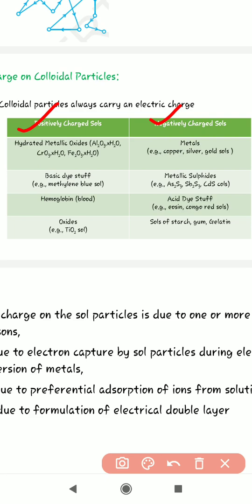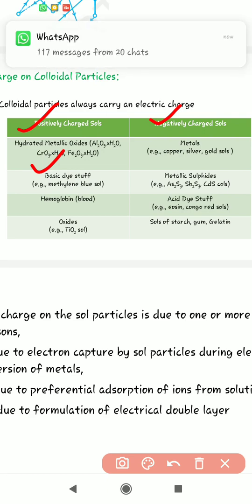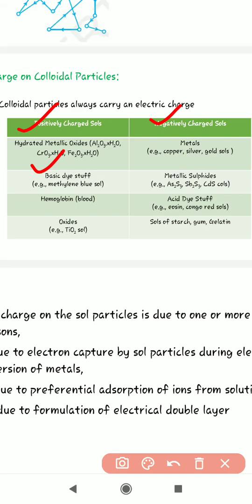Next, basic dyestuffs like methylene blue solution also exhibit positively charged sol. And oxides, titanium dioxide. Titanium oxide also shows a positively charged sol.